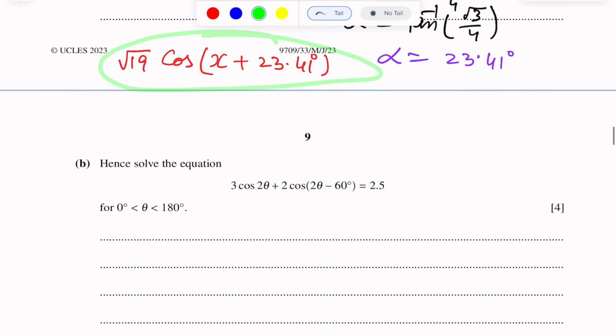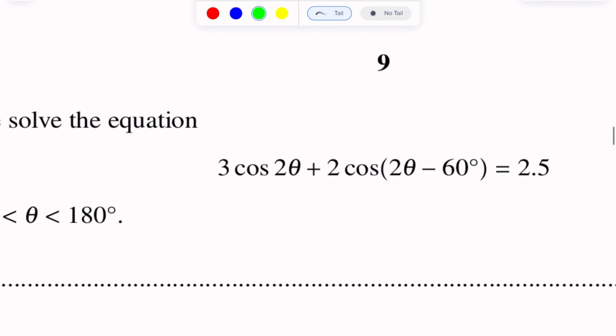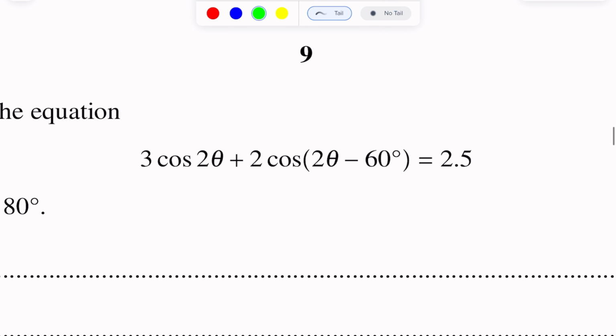In the second part, hence solve the equation. Hence means we will use the above relation.